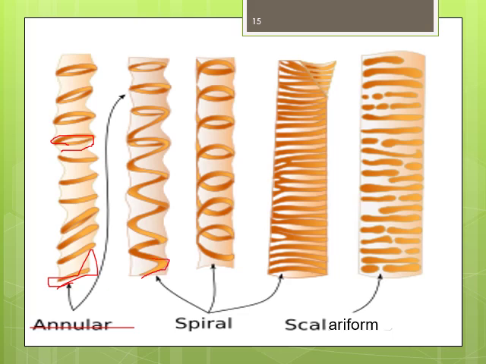This one is the spiral. Here, this one is the spiral. And here we have spiral thickenings of lignification. And the last one, the third one, is scleriform. So here we have scleriform.